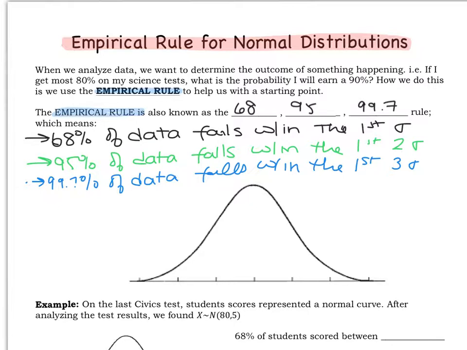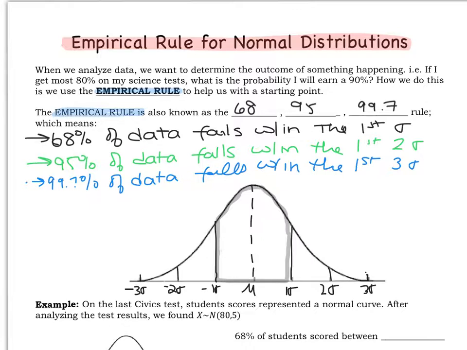If I draw this out and label our bell curve, remember our mean always goes in the middle. Then I have three standard deviations above the mean, 1, 2, and 3, and three standard deviations below the mean: -1 sigma, -2 sigma, -3 sigma. Since 68% of my data falls within the first standard deviation, that's the first to the left and the first to the right.